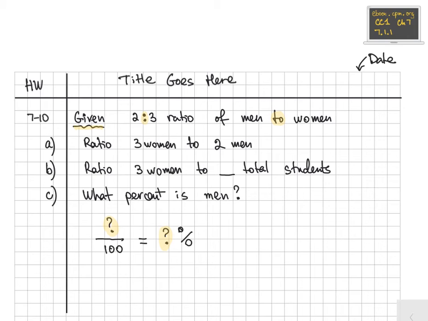So looking at what we have, this number will be our answer in percentage. So right now, in terms of ratio, of course, the men are 2. So I have on the numerator 2. But out of total, so 2 men out of 5 total. Now, is there a way the 5 total I can make into 100?